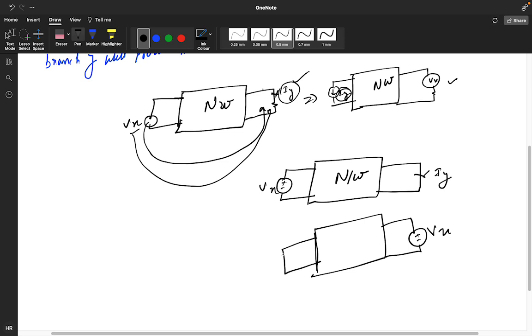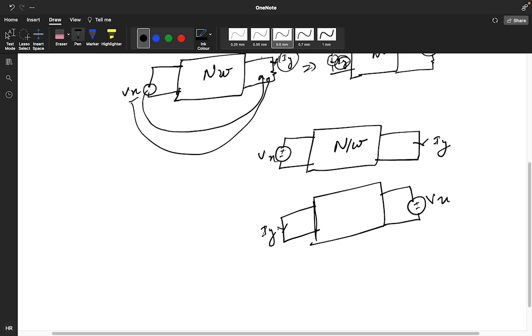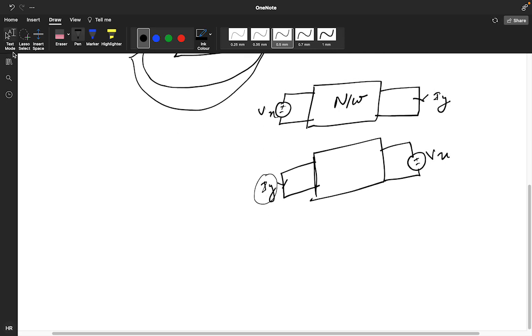You will get the same current that was being produced here, that is Iy. The meaning of this in a simple way is this only. We had interchanged the branch, so the branch current will automatically get the same current. Okay.